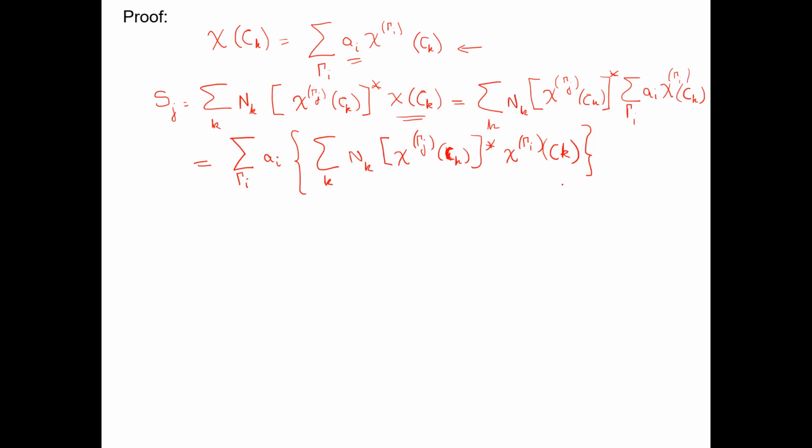Now we apply the wonderful orthogonality theorem for characters. We can see that this is exactly what we have in the orthogonality theorem. So this is equal to h, the order of the group, times delta of gamma i, gamma j. In the end this is equal to a sum over gamma i of ai, h, delta gamma i, gamma j.